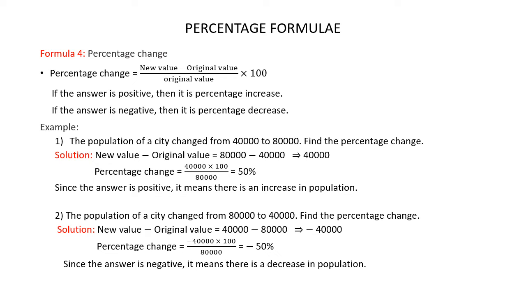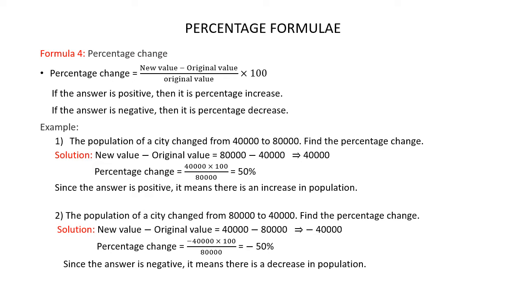So new value minus original value is 80,000 minus 40,000, which is 40,000. So percentage change is equal to 40,000 multiplied by 100 divided by 40,000, which is 100%. Here, since the answer is positive, it means that there is an increase in population.